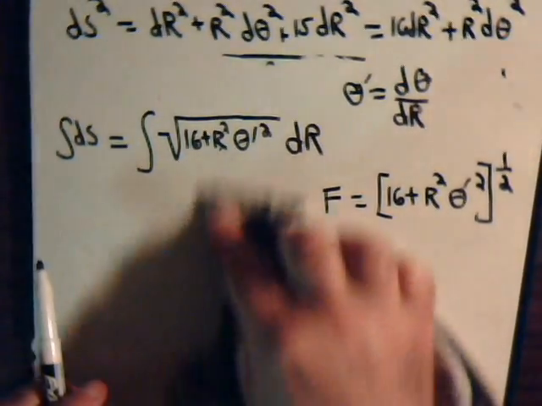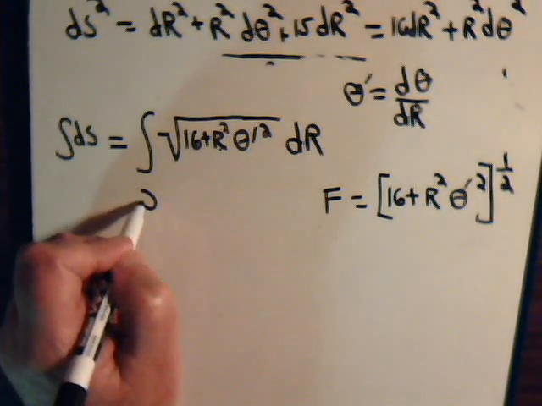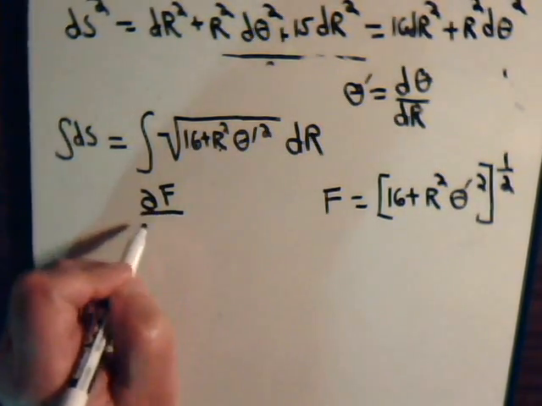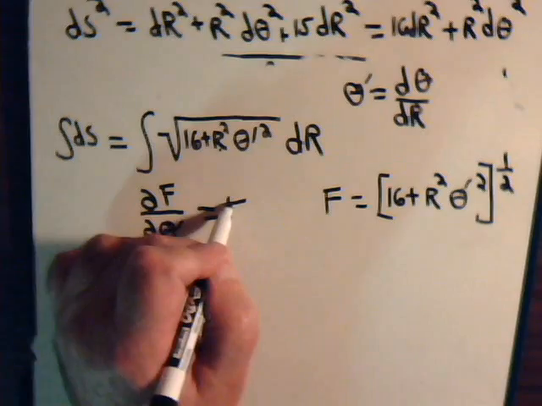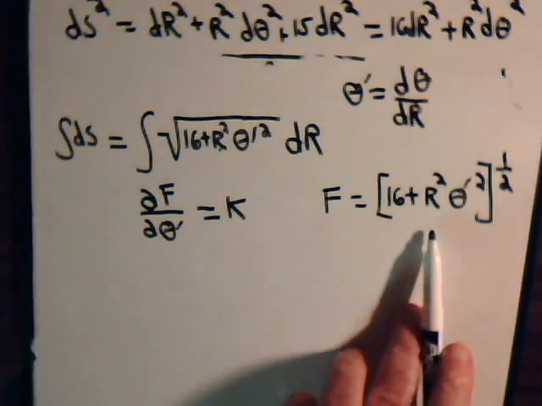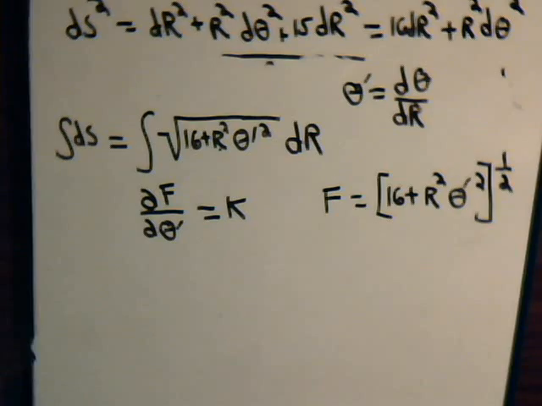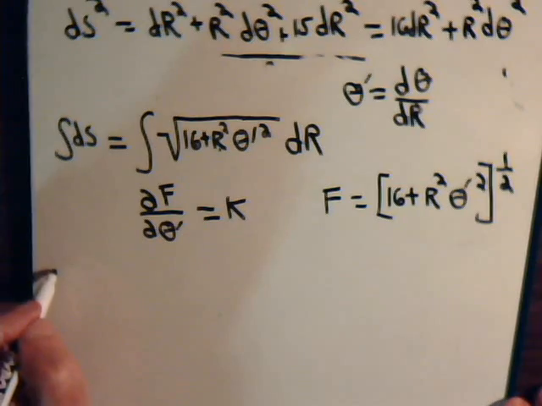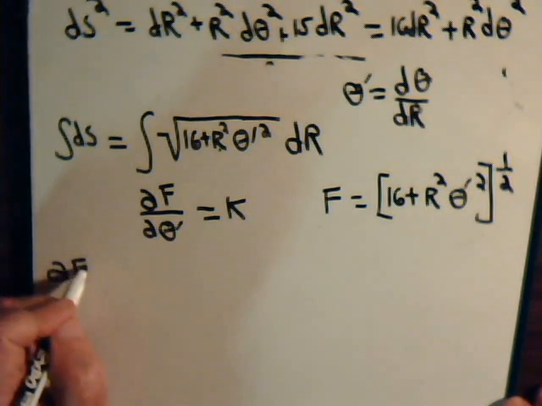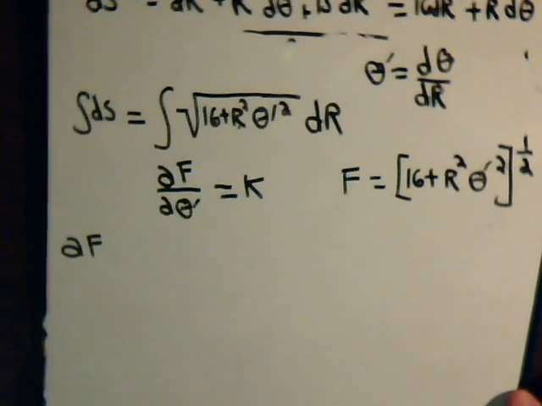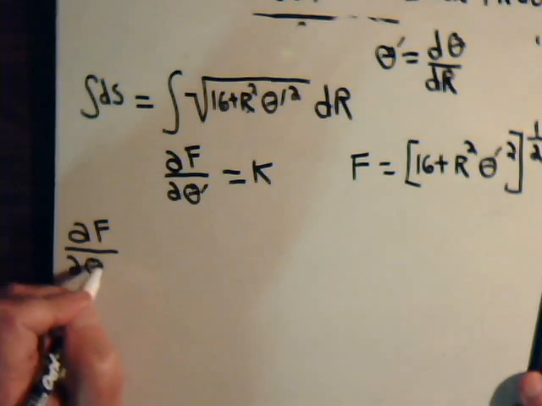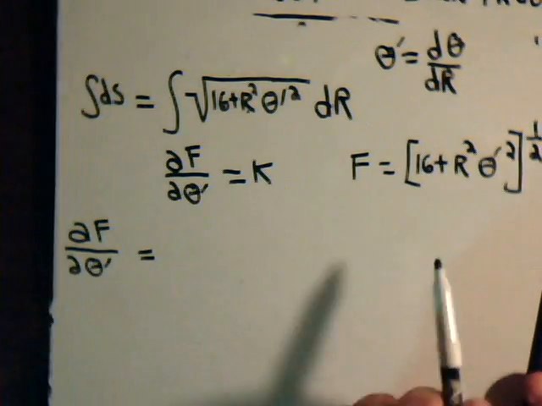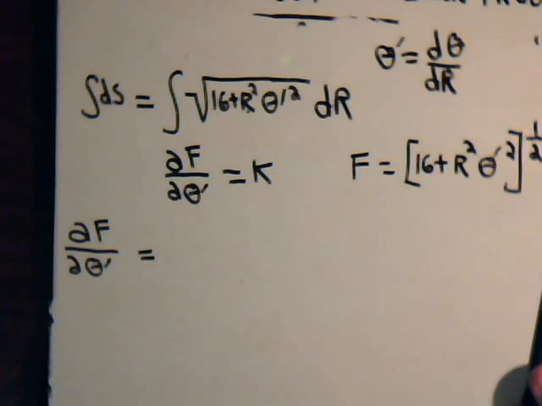So let's write it like that. We have the partial of f with respect to theta prime equals a constant. We'll call that constant k. And f is this. So obviously the next step is to take the partial of this with respect to theta prime. So the partial of f with respect to theta prime will equal the partial of this with respect to theta prime.